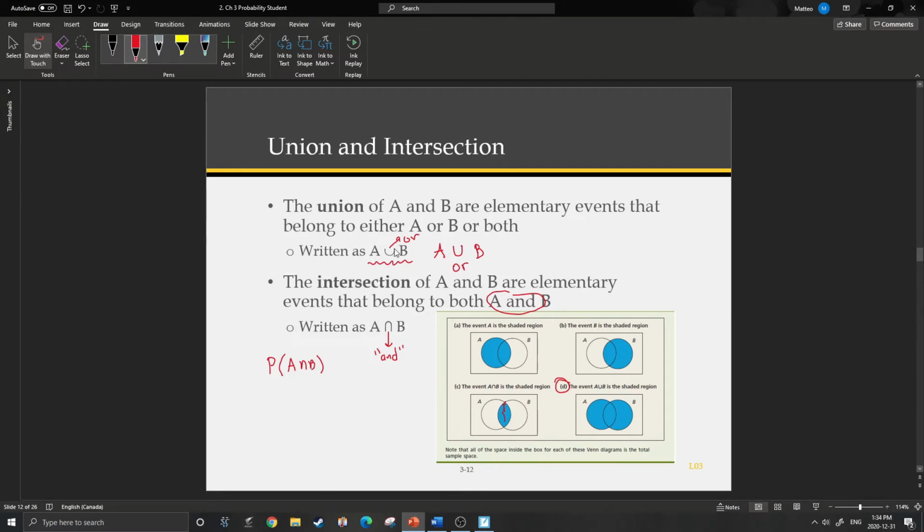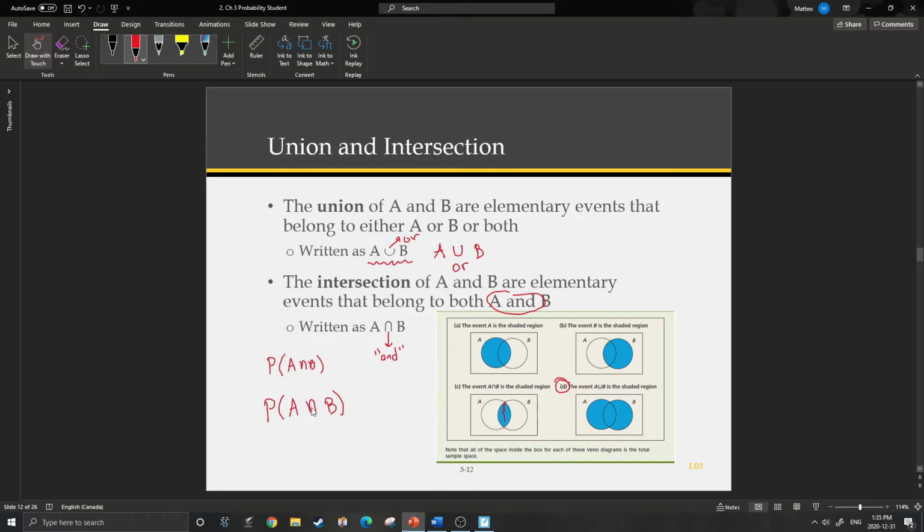How do you remember these two symbols? I had a lot of trouble, and it seems like a small issue, but it's very big in probability because you're going to see these symbols a lot. So here's how I remembered it. I one day was studying and I was like, okay, this is intersection, which is A and B. And when I was looking at this, I'm like, you know what?